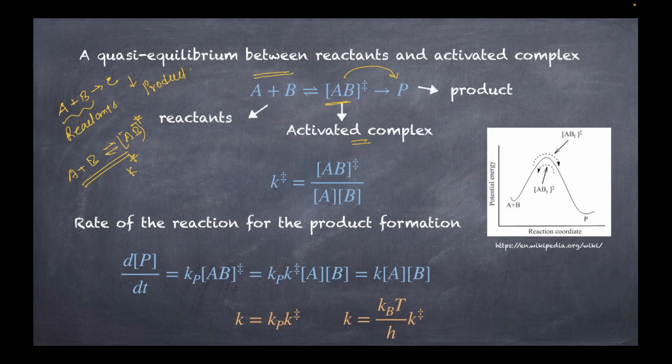So from thermodynamics, we can write down the expression of K double dagger. So K double dagger will be just the concentration of the activated complex divided by the product of concentration of reactant molecules, that means concentration of A times concentration of B. So this is the expression of K double dagger, which is the equilibrium constant for this reaction.